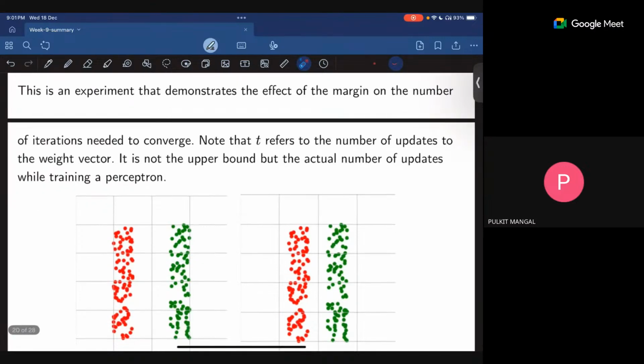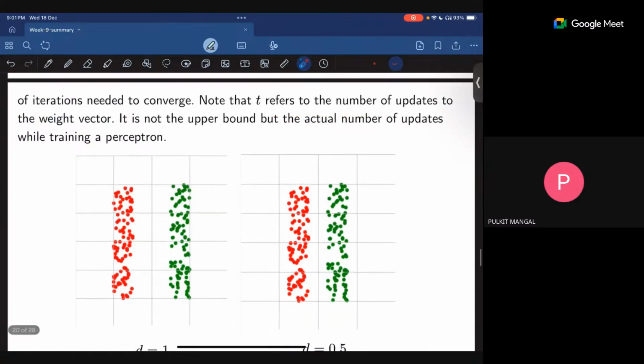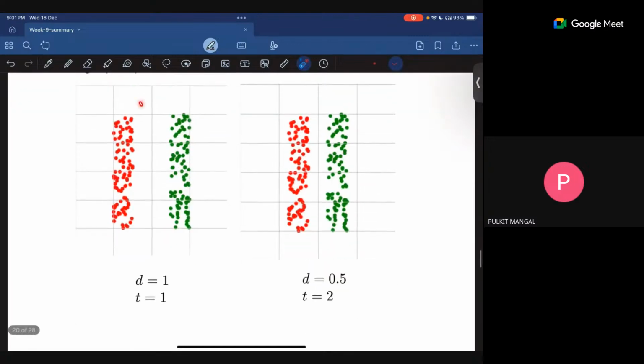This was one experiment that demonstrated the effect of the margin on the number of iterations needed to converge. T refers to the number of updates to the weight vector, and it is not the upper bound but the actual number of updates taken. Here, D is the margin.